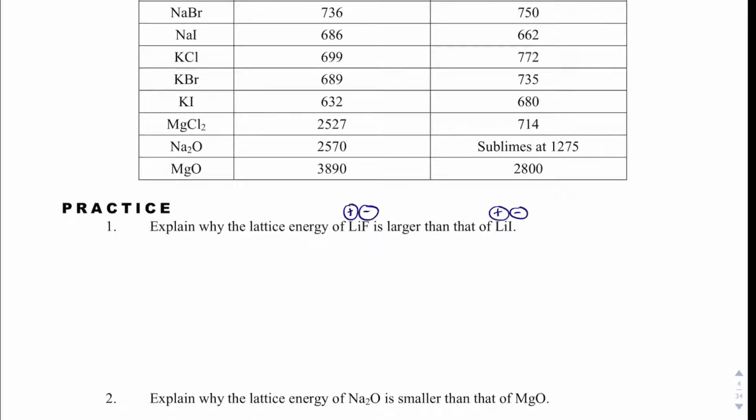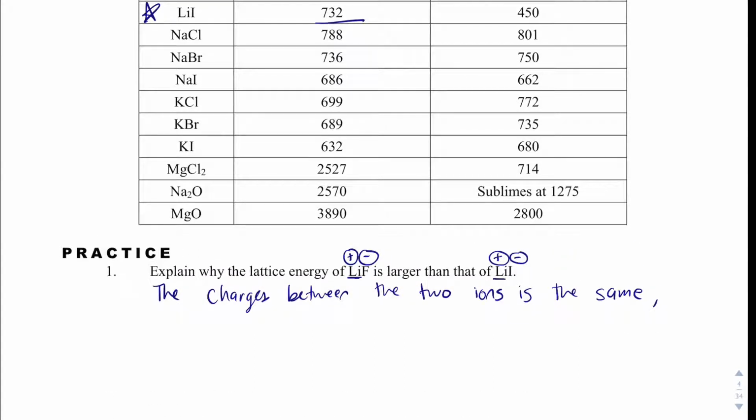And so the charges are the same, so we would want to write that out. The charges between the two ions are the same. But what is different? Lithium is obviously the same between them, so we don't need to really compare that. But fluorine versus iodine, if I draw a picture here, lithium ion actually just has one energy level.